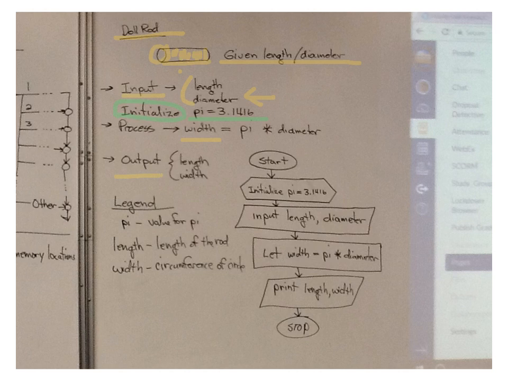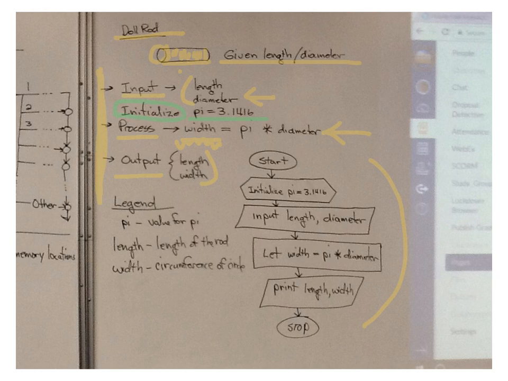The output, we want the length and the width, and so our process is going to be to calculate the width. And we can do that by taking pi times the diameter. It's really important that you be able to figure out this process before you start designing the solution.